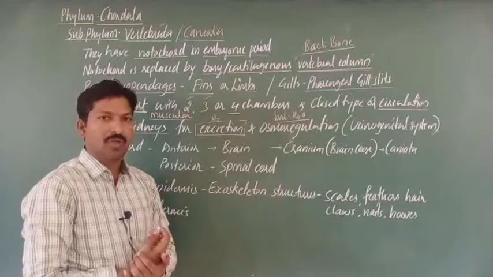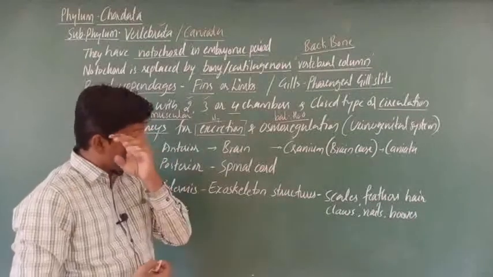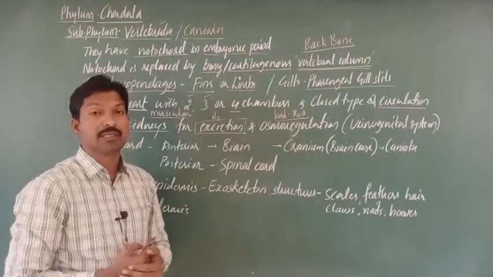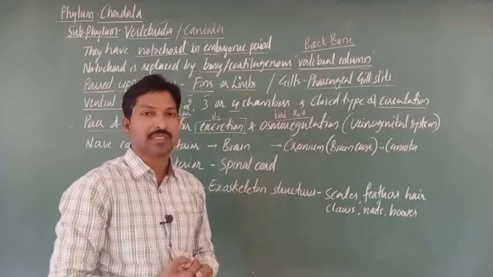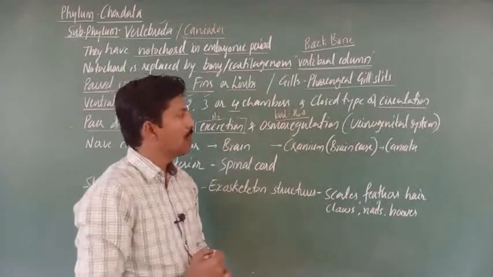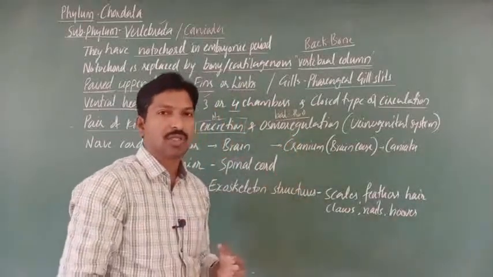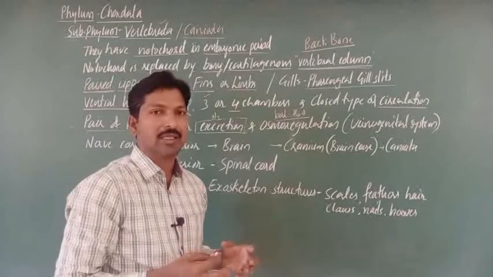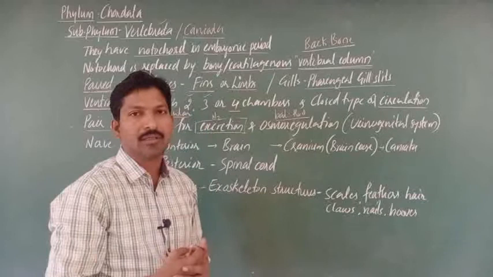And one more here, the genital system. Usually the sexes are separate here. So we can say urinogenital system. Urinogenital means both excretion as well as reproduction, where the organs are somewhat associated, right.